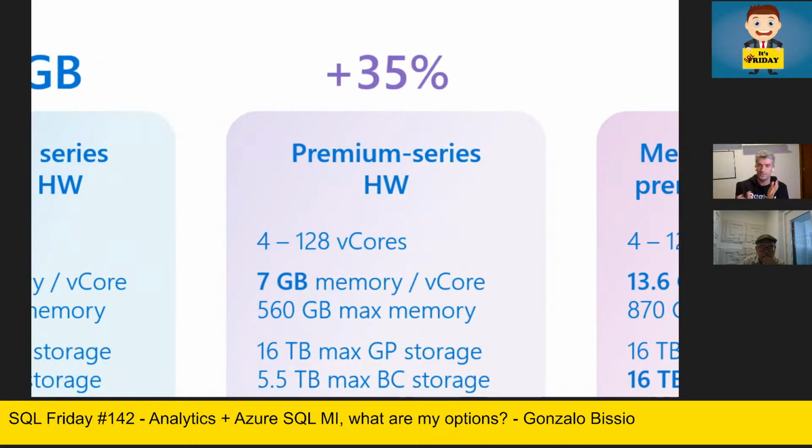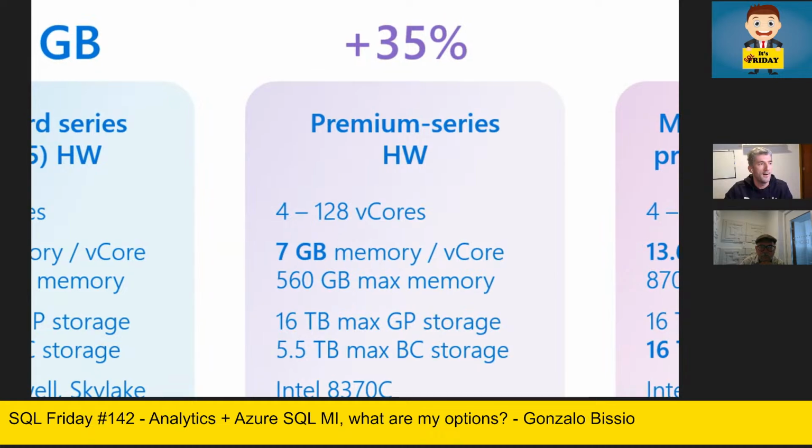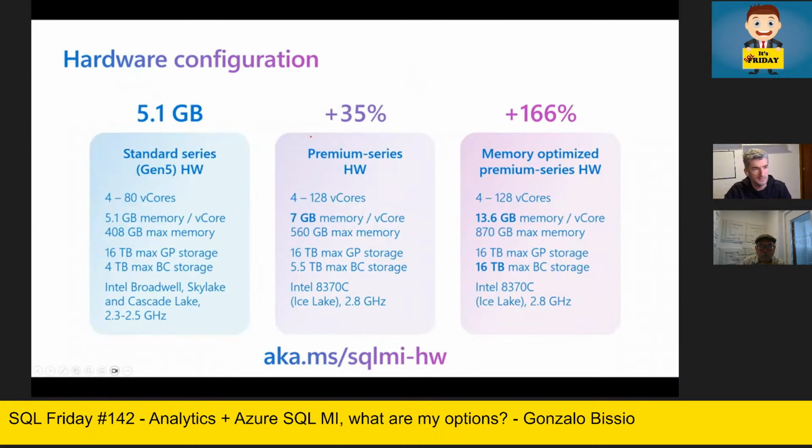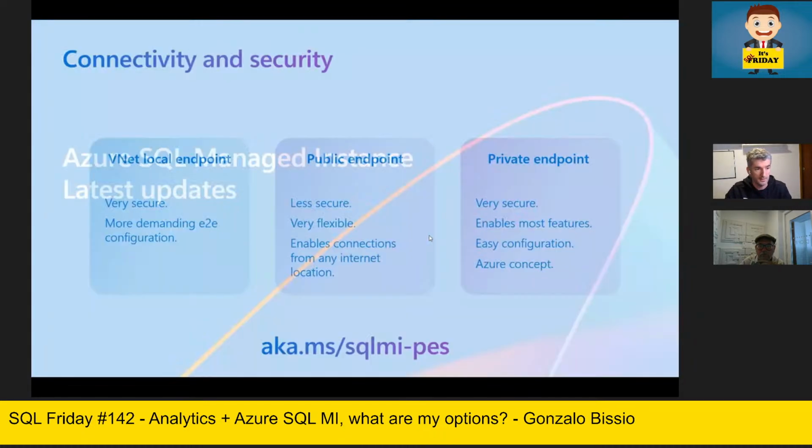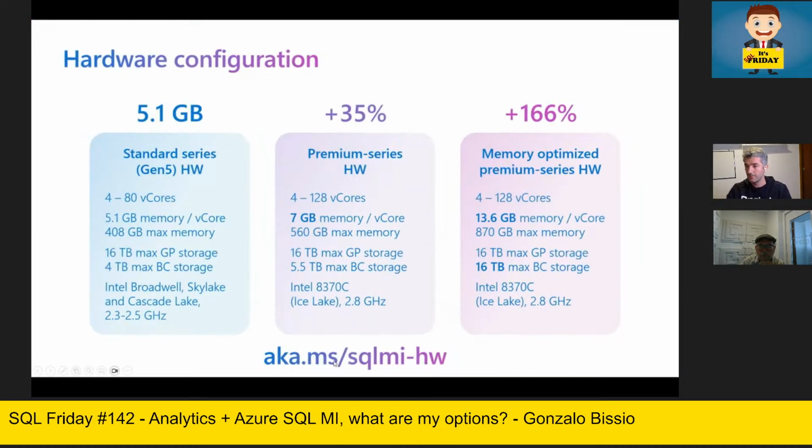So if you choose premium series, maybe it's more expensive. But I will show you shortly in the portal how you can see the cost. You have 3 different options. This will depend on the amount of memory that you need. So you have these different options, and obviously the storage and all that stuff. You can always visit the link that I pasted here, so you can see the different options and the documentation.